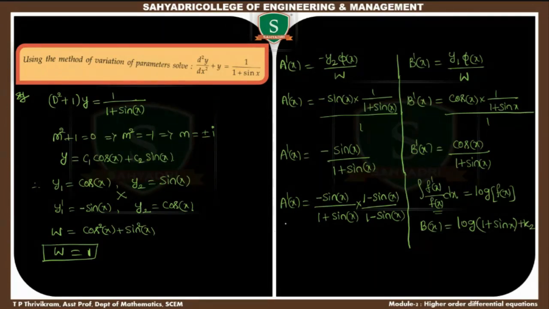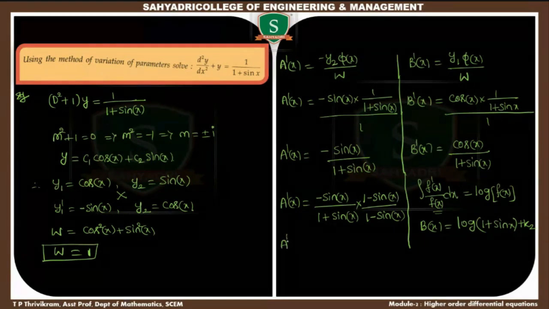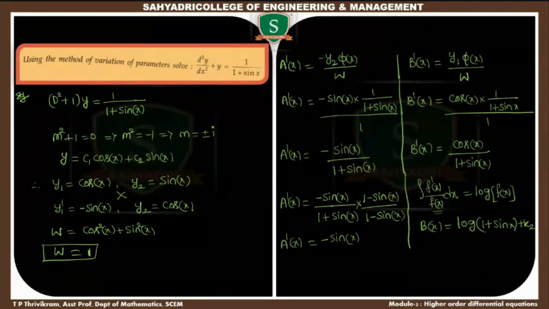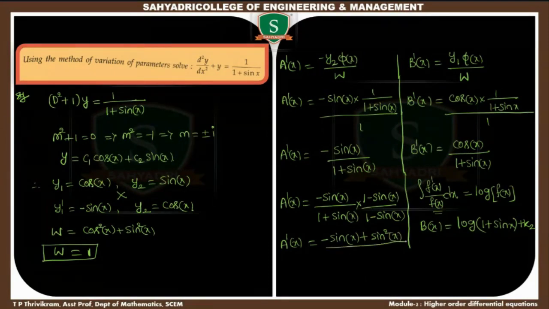Now to find a dash of x, we multiply it inside. So we'll get minus sin x, minus of minus plus sin square x, divided by a plus b into a minus b. This can be written as 1 square minus sin square x. Okay.